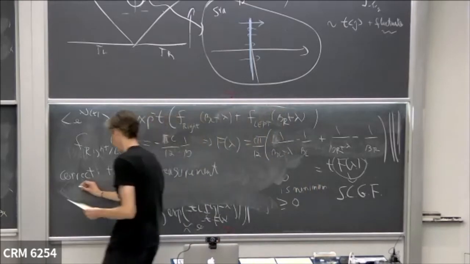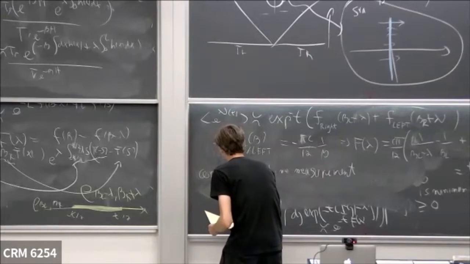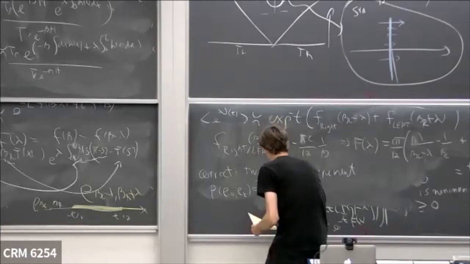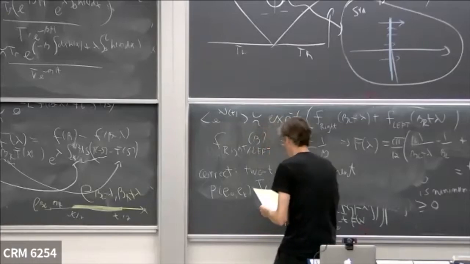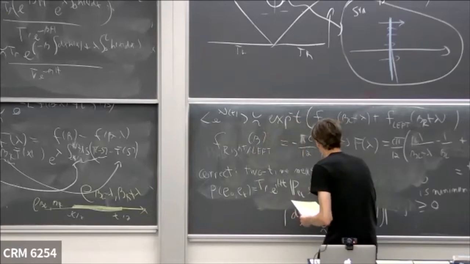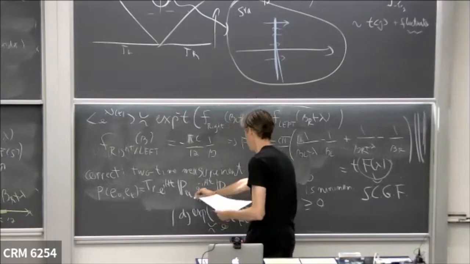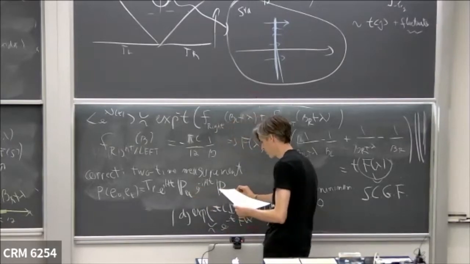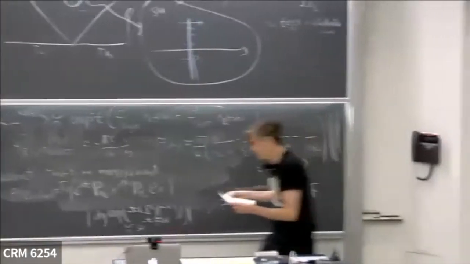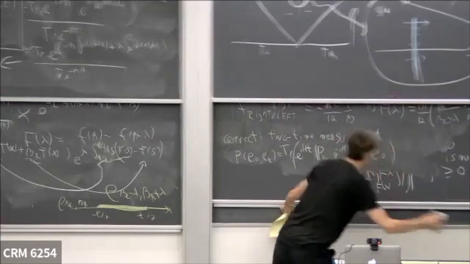And so the formulation here is that the probability for measuring E0 at time 0 and Et at time t is the trace of the evolved projector at time t, then a projector at time 0 for E0, and then your initial density matrix. So that's what you'd like to calculate.